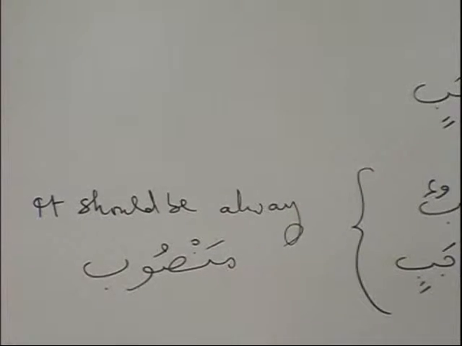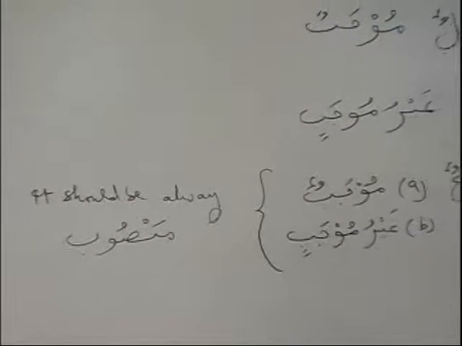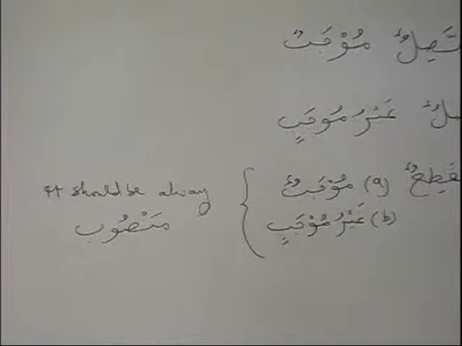Likulli da'in dawa'un illal maut. See, mauta, it's mansub. What is mauta? Mustasna. Where is mustasna minhu? Dawa'un. Okay? So it means the sentence is tamun.